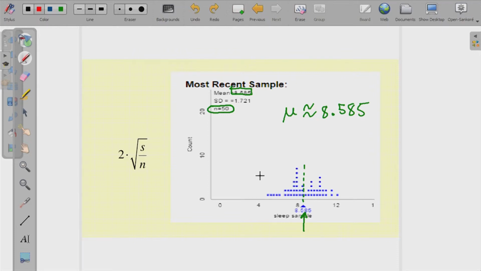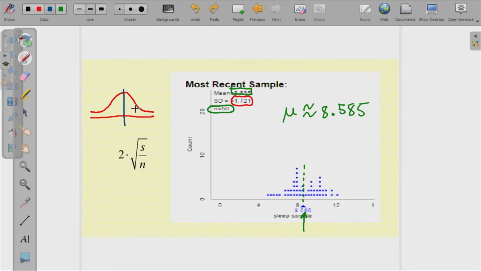So in this case, we have a sample standard deviation from the data. It was 1.721. And so what we're going to do here is we're going to have a margin of error, just like we did with proportions. The formula is a little bit different. The formula in this case deals with the 2, which is basically, again, our 95% level, 2 standard deviations. Or actually, we call that value a standard error, though it's not that important to know that term.